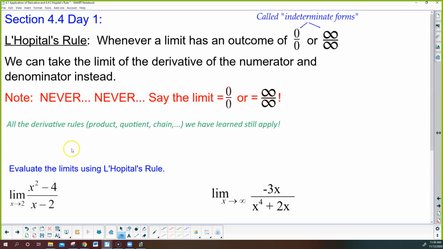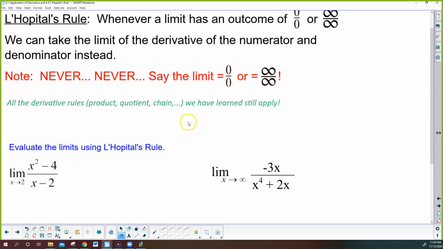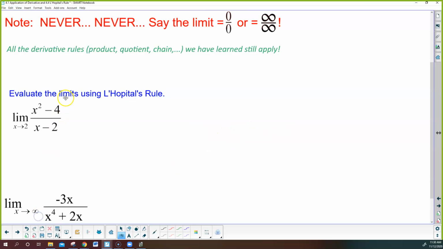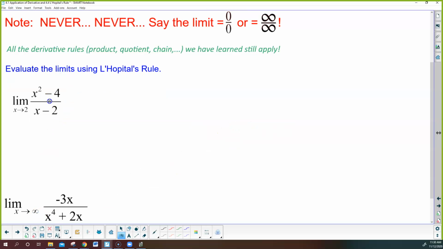The biggest thing you need to take away from today is proper notation. Please use proper notation. We're going to look at those two limits that we had for the warm-ups, and I'm going to show you how L'Hopital's rule could be applied to this.